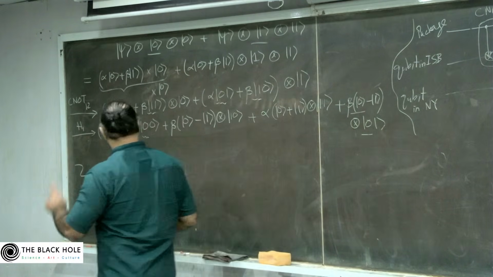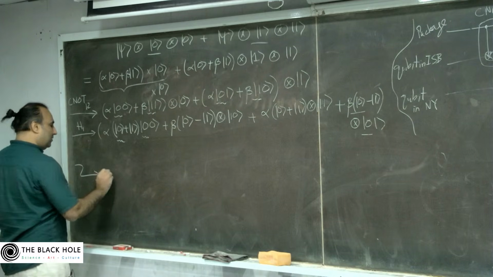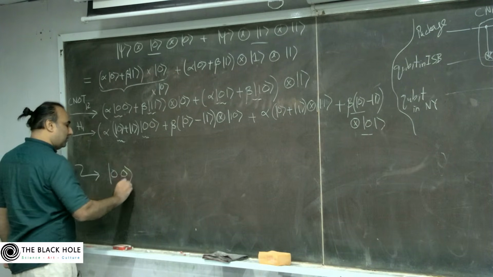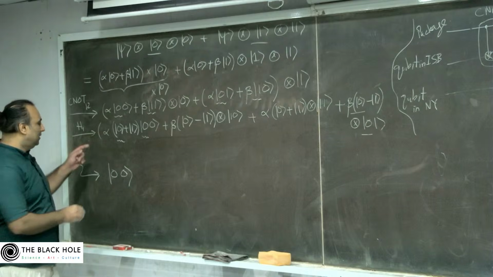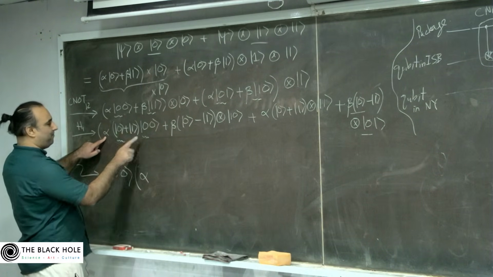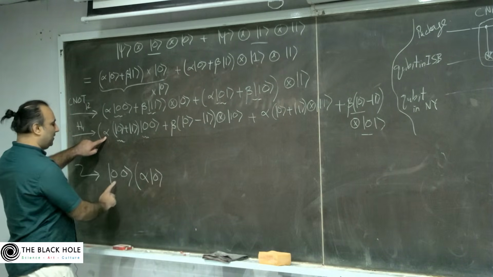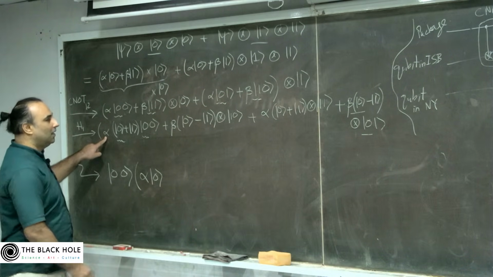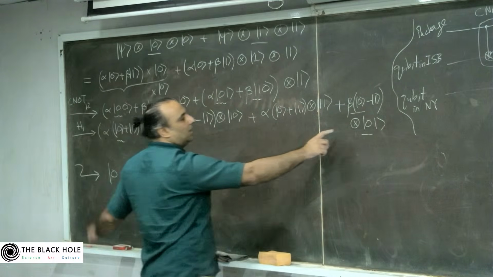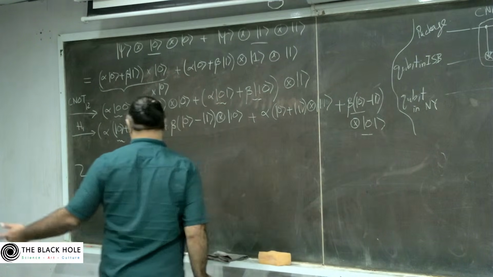There are two parts where the first two qubits are in 00, and here it's alpha, and this third state 0, this is first, second, third now. And here it's plus beta and 1.